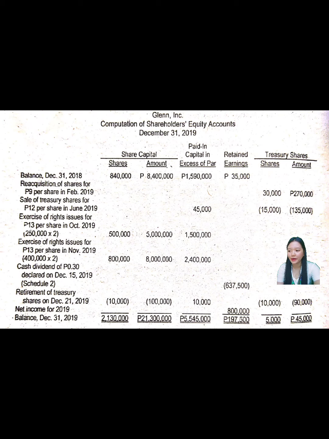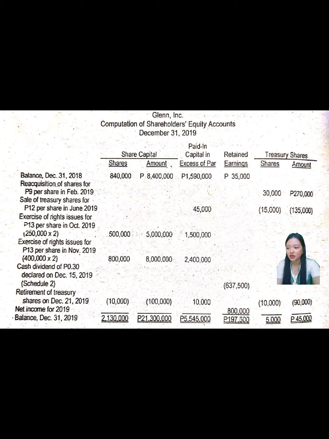So next, exercise of rights issues for 13 pesos per share in October 2019. Our share capital shares is 500,000 and our share capital amount is 5,000,000 pesos. And our paid-in capital in excess of par is 1,500,000.